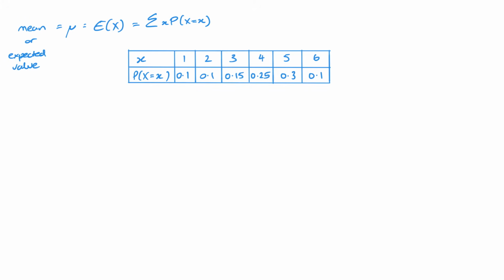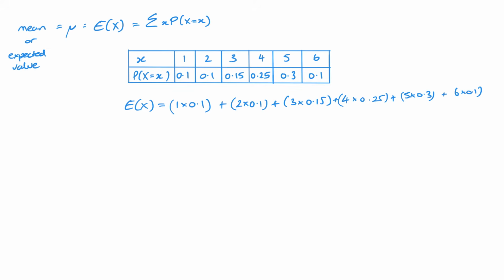So I've taken this from one of the previous questions. If I want to find the expected value, I take my x and multiply it by my probability. So I get 1 times 0.1, plus 2 times 0.1, plus 3 times 0.15, plus 4 times 0.25, plus 5 times 0.3, and 6 times 0.1.